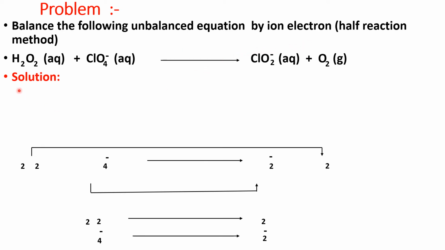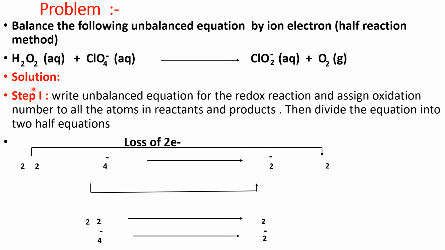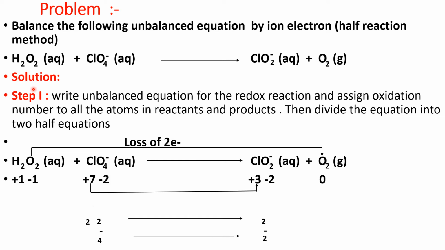Okay. Then the next step, the solution. In the first step, you write down the unbalanced equation for the redox reaction and assign oxidation numbers to all atoms in the reactants and products. Then divide the equation into two half equations. First, write H2O2 plus ClO4 minus gives ClO2 minus plus O2 gas.